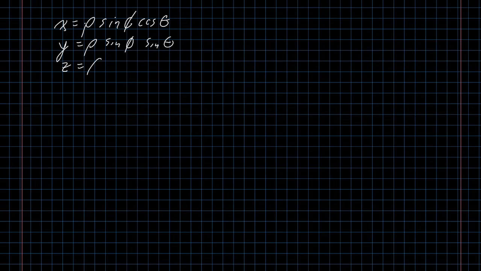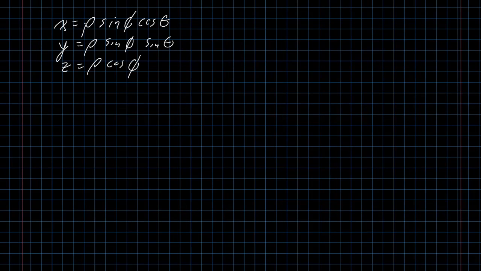All right. I already told you that I wanted you to do this, but we know that x is rho times the sine of phi times the cosine of theta, y is rho times the sine of phi times the sine of theta, and z is rho times the cosine of phi.